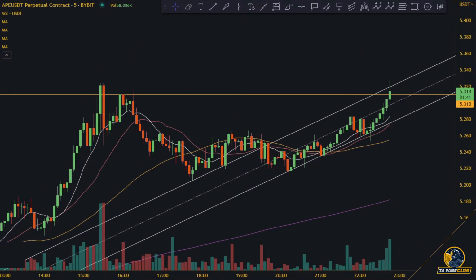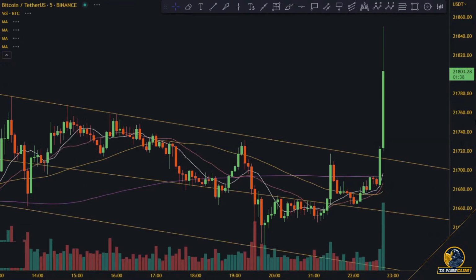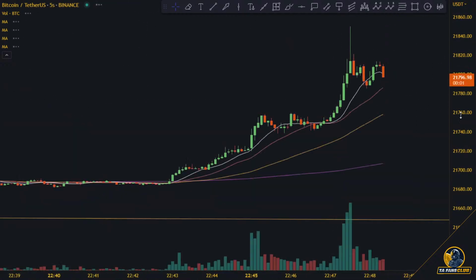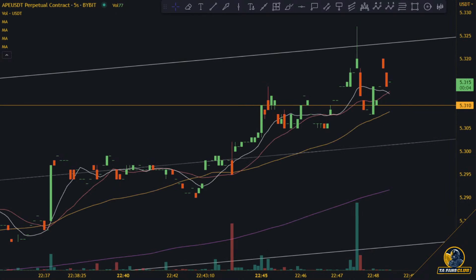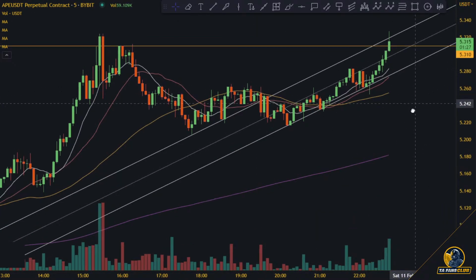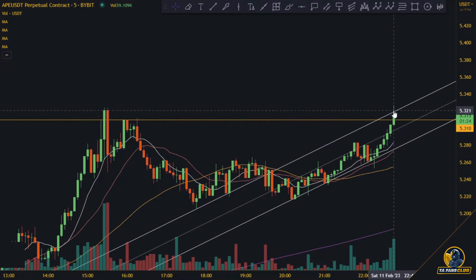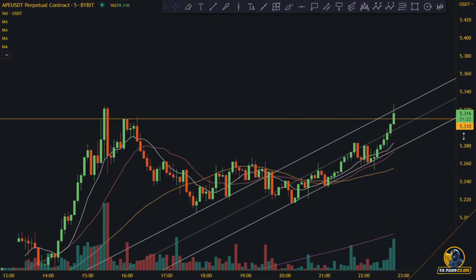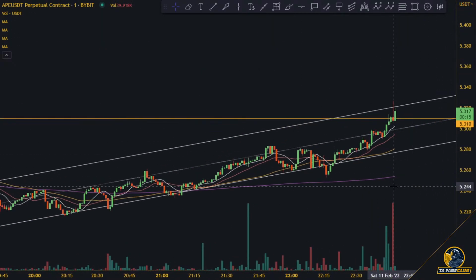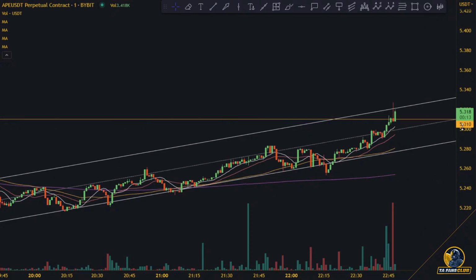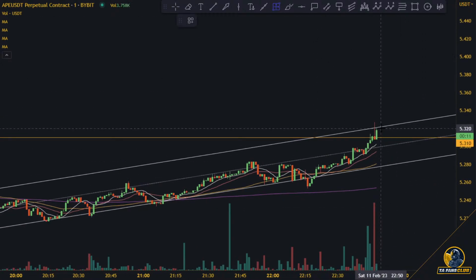It's hitting resistance. Bitcoin is pumping. So time to short. The resistance on top up here. I mean, what's the worst that can happen? It breaks up.